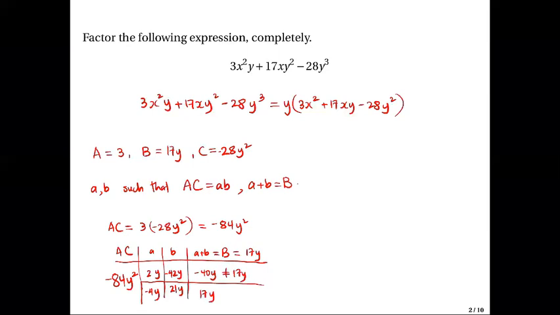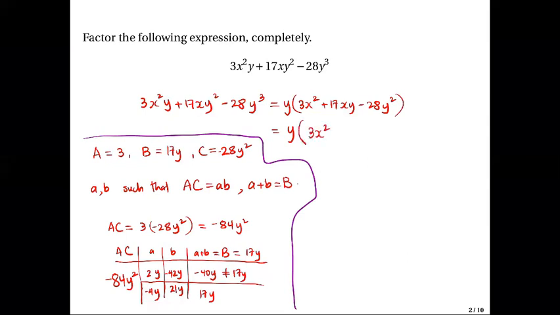Which means that this is the pair that we need. So you have y times 3x squared minus 4xy plus 21xy minus 28y squared.